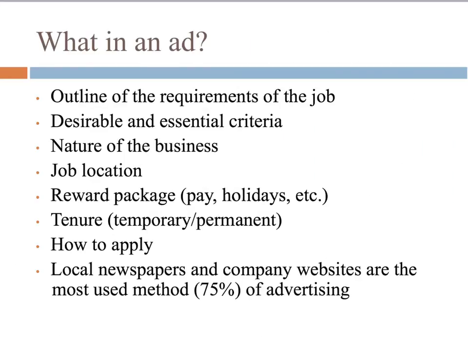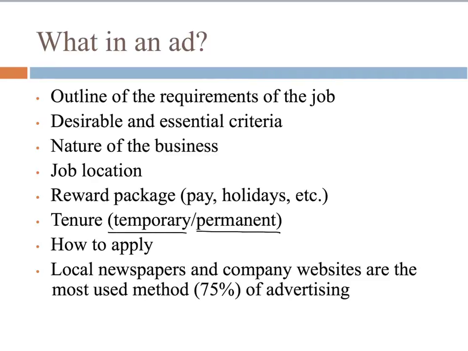Okay, so we've decided what media to put our advertisement in, but what actually should we put in a job advert? Well, we need to outline the requirements of the job, so what the job will do. We need to say what the desirable and the essential criteria are. We need to say what the business does, so who you would be working for, the job location, so where you'd be working, the reward package, so things like pay and holidays, the tenure, now that's the technical term for whether the job is temporary or permanent.